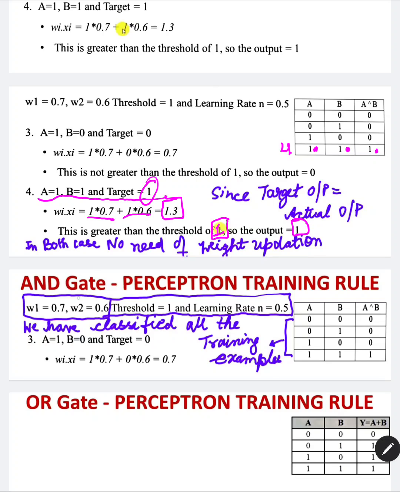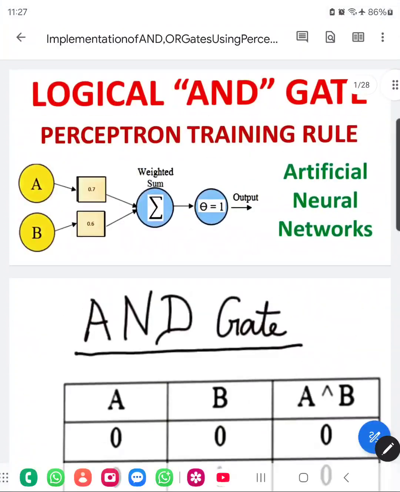Since these new weights have been used along with the threshold value 1 and learning rate 0.5, and we have classified all the training samples, these are the actual weights which could be used for the AND gate for the inputs A and B. So this is the actual diagram that you should see and that you can write down for the actual values of weight, with the weight value 0.7 and the weight value 0.6 for the inputs A and B. So we get the weighted sum, we get the theta value, which is the activation function, and then we get the output.